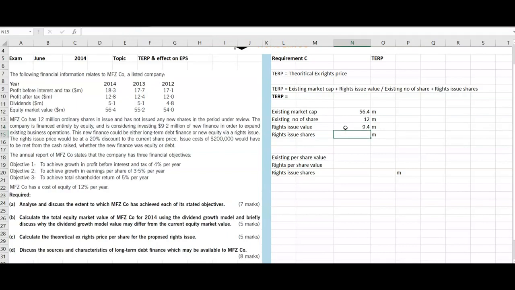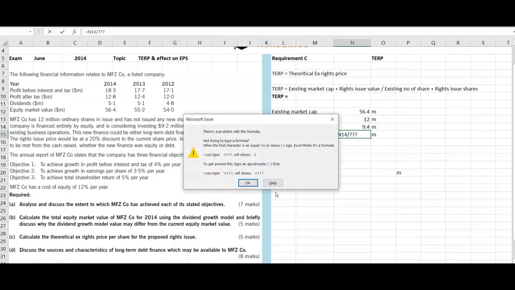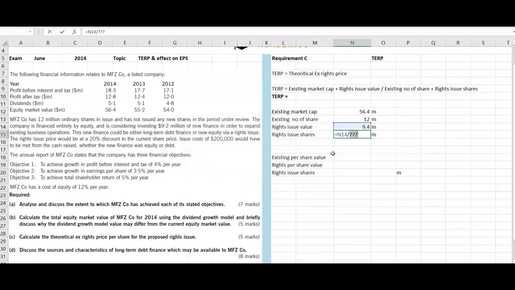So how many shares should we issue for this? The number of shares would be 9.4 divided by the share price. The rights share price is not given here, so we have to find it. We put a question mark here, since we can't get the answer yet.